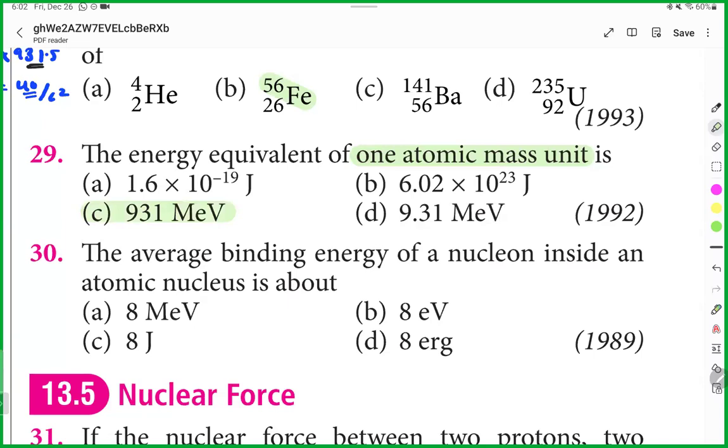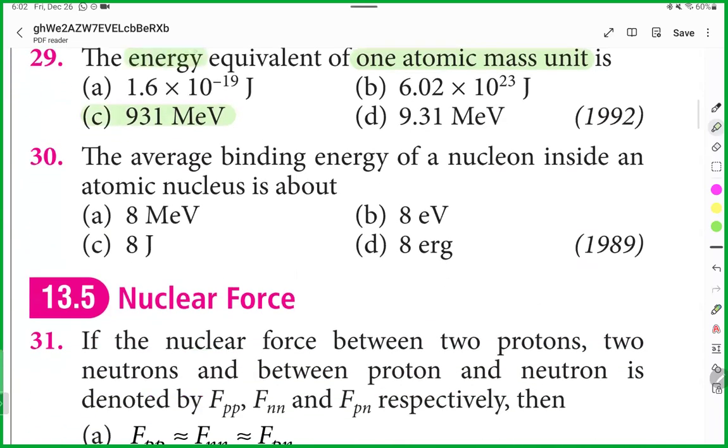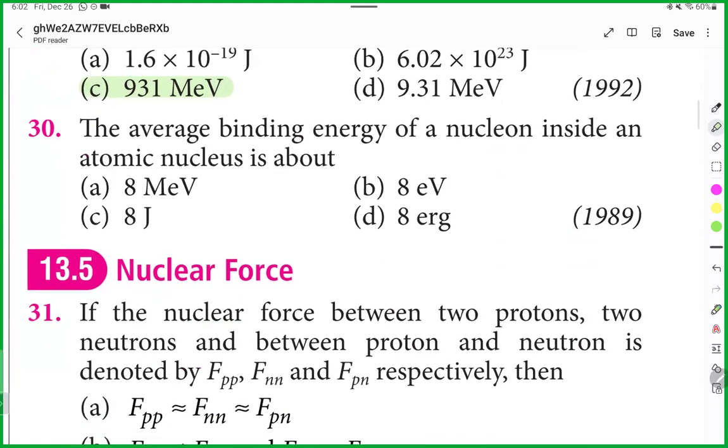Energy, remember, not mass, energy. Sania, 30th question. Average binding energy per nucleon inside the atomic nucleus is about 8 mega electron volt. I told you most of the elements have binding energy per nucleon near 8 mega electron volt.